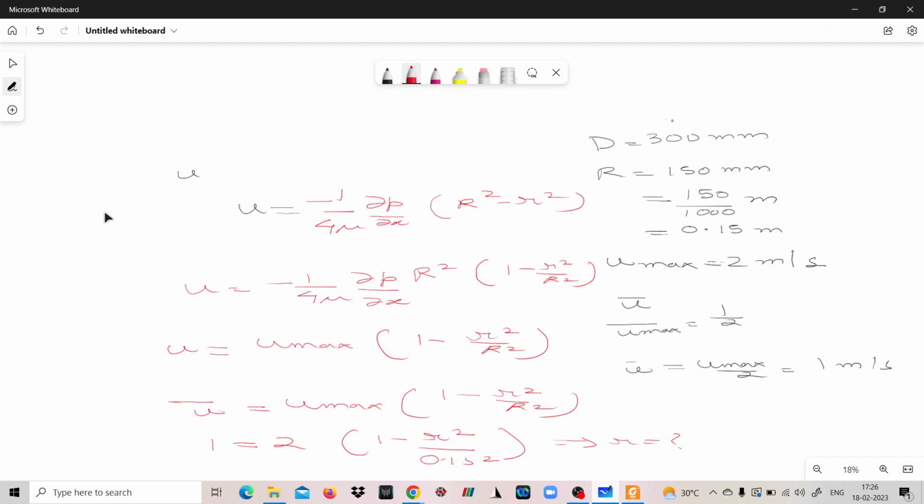So what is the second part? Second part is, say this is your pipe. You have to find the velocity at a distance of 50 mm from the pipe wall.